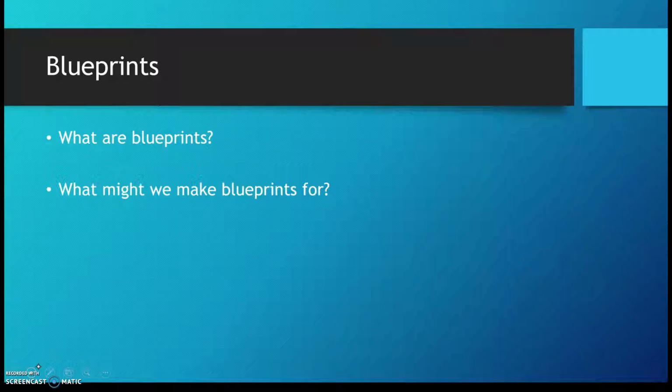All right, so blueprints, that's our real world application. So what are blueprints? Blueprints kind of give you a map, an idea of how something will look in proportion to another. So when you do a blueprint of a house, you're going to be able to see how big the closet is compared to the bedroom, right? On a drawing, the bedroom and the closet aren't going to be the same size because that's not going to be right in real life.